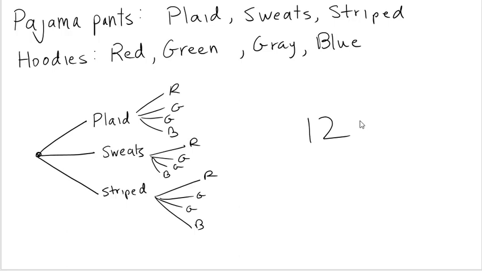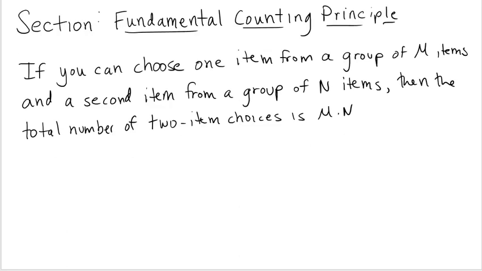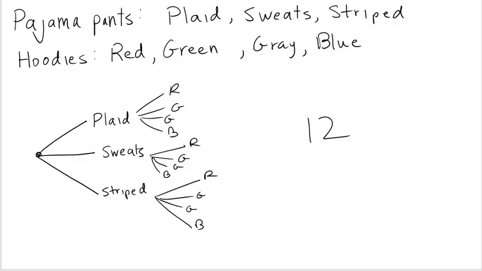Now, you might immediately see that there is a faster way to do this, and that's what the previous rule is telling us. If I can choose one of three pairs of sweats and one of four different hoodies, then the total number of two item choices I have is just 3 times 4. There were 3 possible pajama pant options, there were 4 hoodie options, and that's a total of 12.